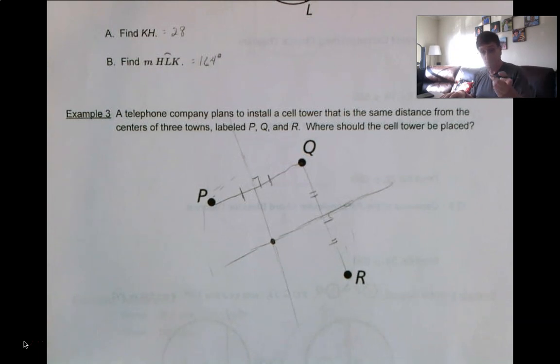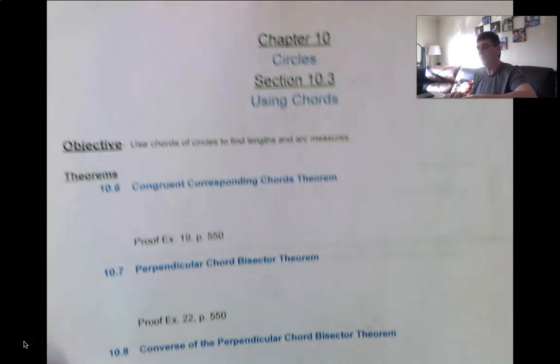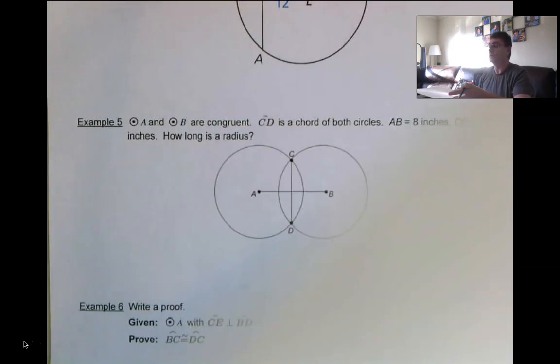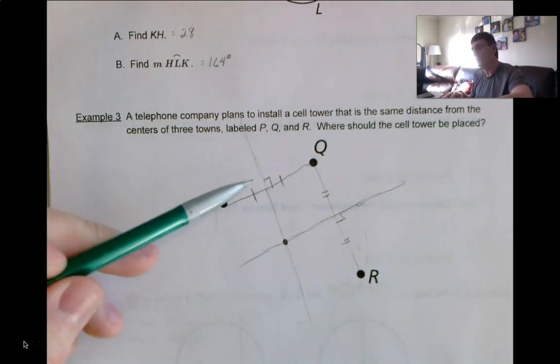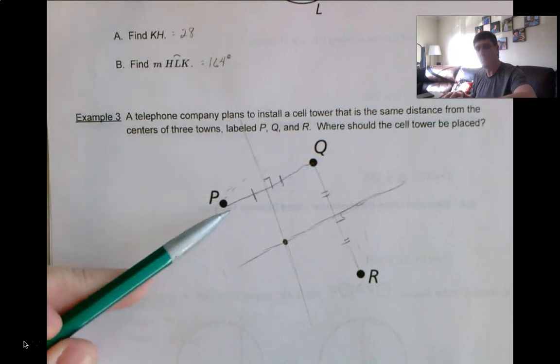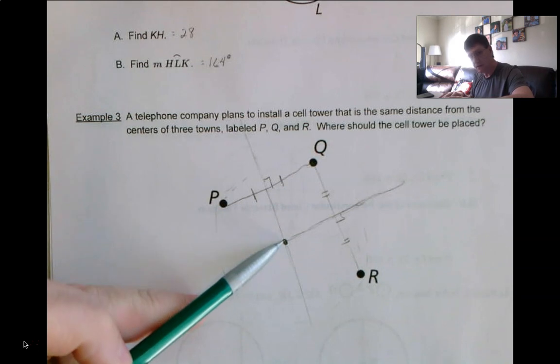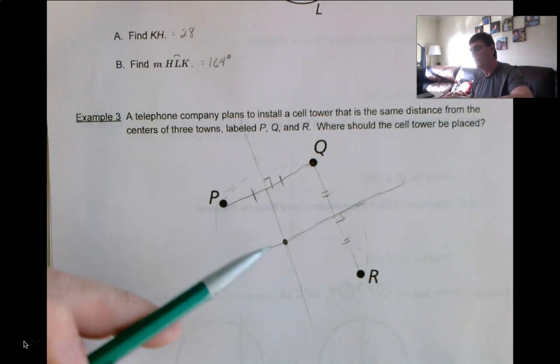And we know that because of what we learned back when we were doing the centers of triangles, but we also know it from this section, the perpendicular chord bisector theorem, which says that the converse of the perpendicular bisector theorem, if you are on the perpendicular bisector of a segment, then that is a diameter of the circumscribed circle, right?